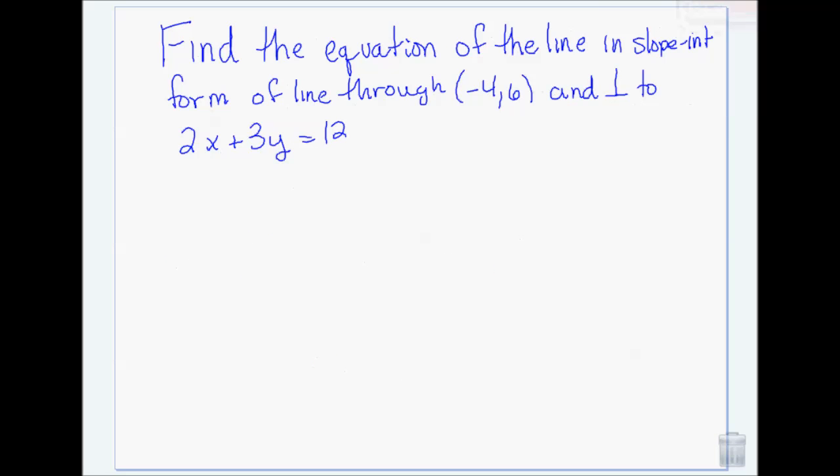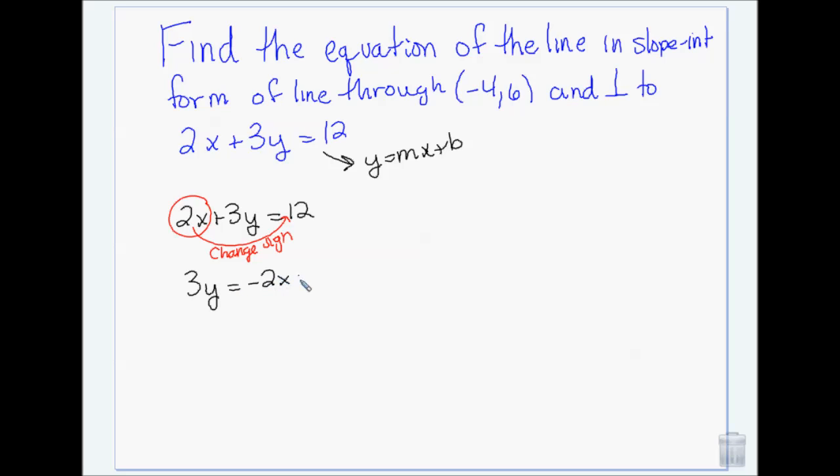To determine what slope I need for a perpendicular line, I first have to figure out what slope I have. So first I need to put this into y equals mx plus b format. So in order to do that, I'm going to take this 2x and put it over here and change the sign, which is going to give me 3y equals -2x plus 12.